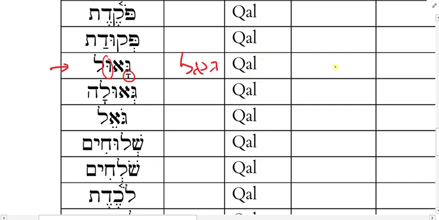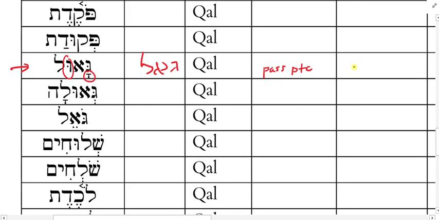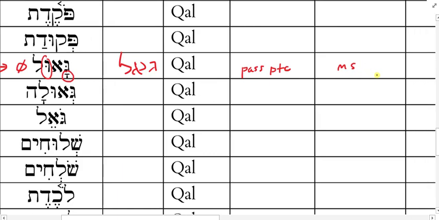That is clearly a Qal what? Passive participle. The shureq tells me it's passive participle. Is there an ending on ga'ul after root 3? No, the ending is zero. So what gender and number is that? Masculine singular.